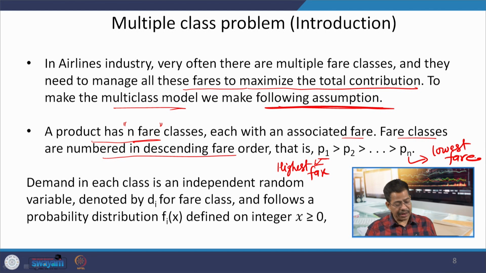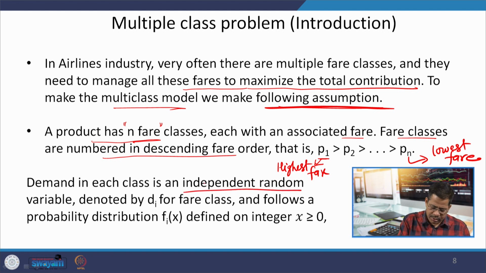Demand in each class is an independent random variable. It is important to note that demand in each class is independent. The meaning is that demand of one class is not affected by demand of other classes. Every class has independent demand, and therefore our solution process will become quite easy because of the independence of each class.